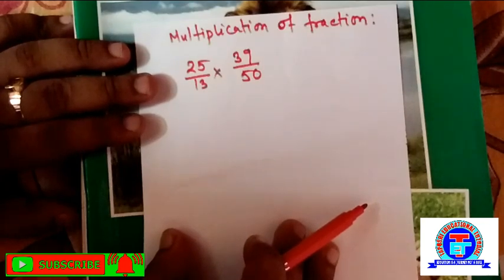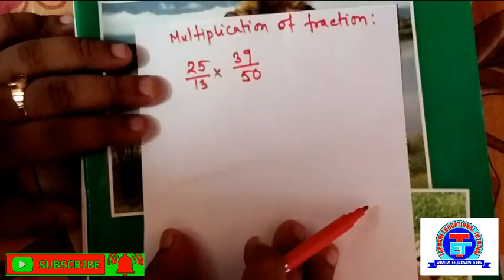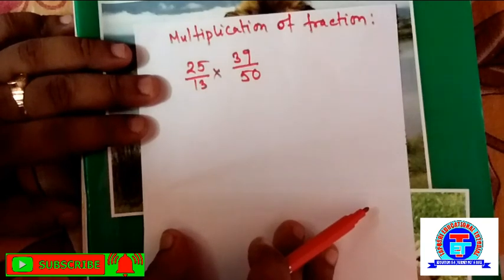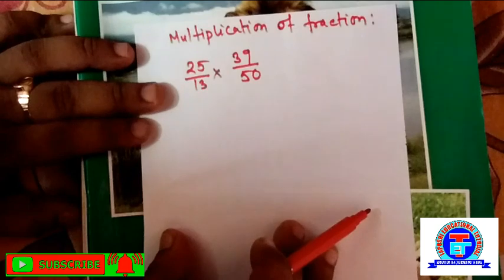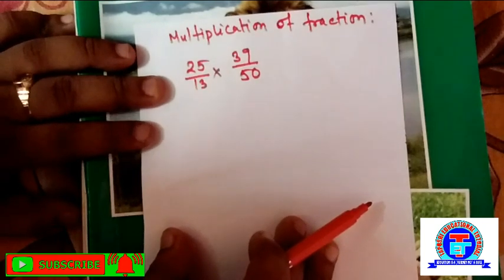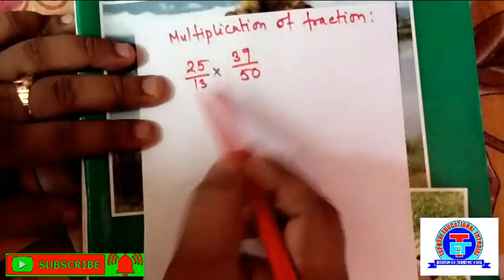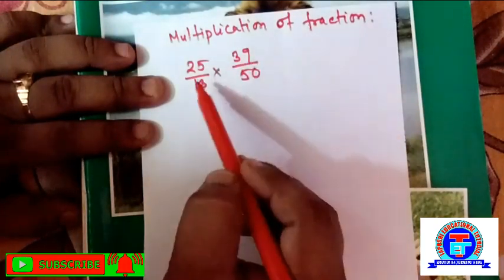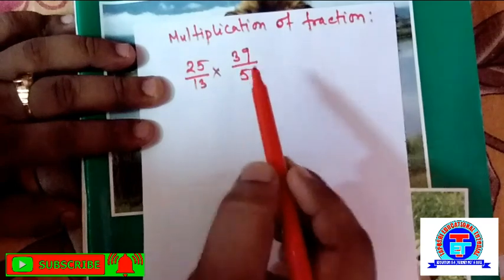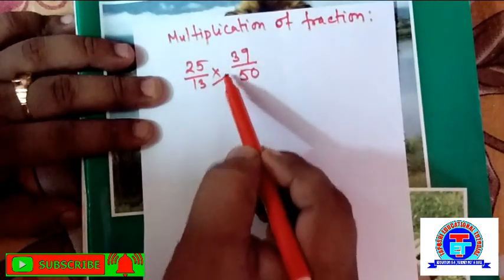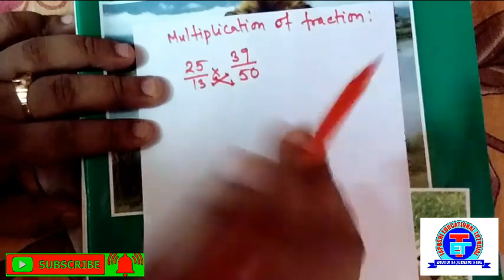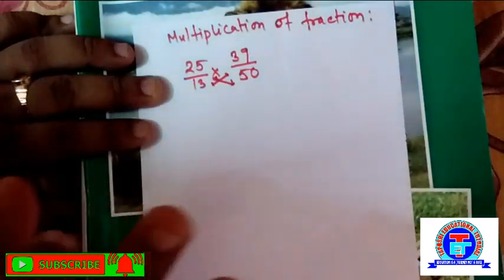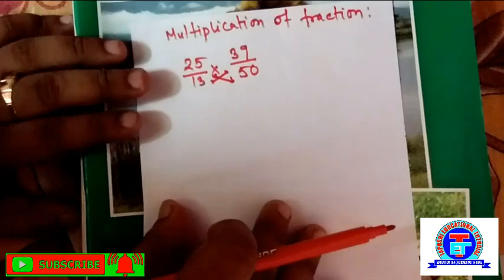In multiplication, we divide the numerator and denominator by the same number, and we also divide by the same number crosswise. That means in this way we cut the numbers by the same divisor, right?